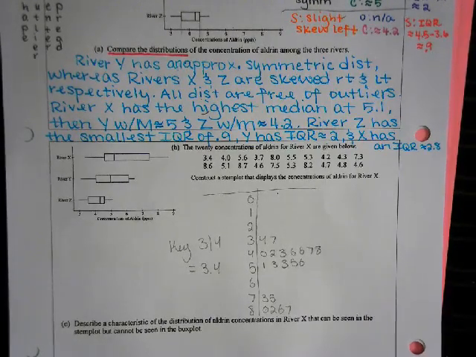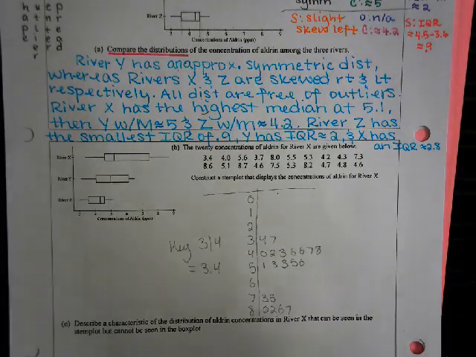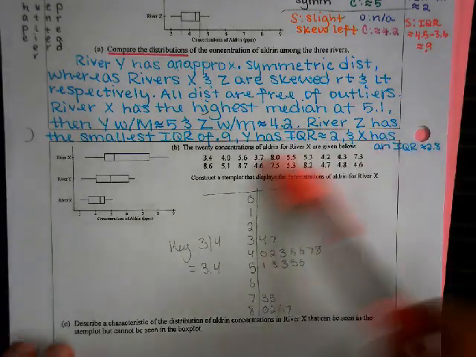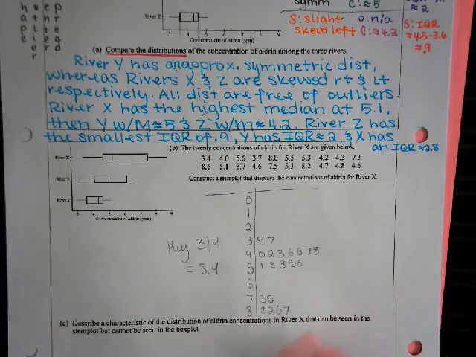The other thing that I want to talk about: yesterday I had a student who created the stem plot with split stems. Now, if you gave me this, I would give you full credit because it doesn't specify split stems. But I want you to see the split stems and be able to compare.